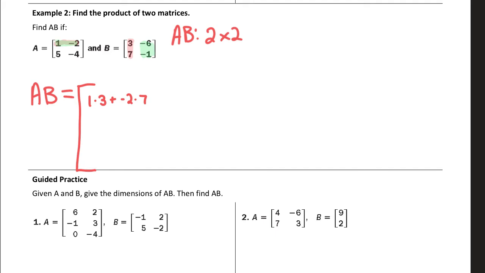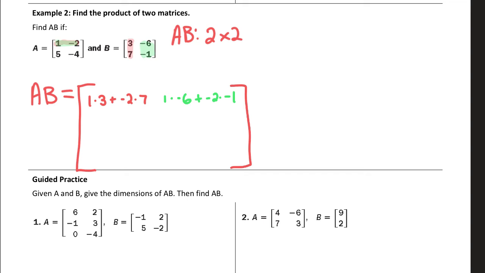So this next one is going to be 1 times negative 6 plus negative 2 times negative 1. Okay, so I take my top row times the 2 columns of the next matrix. That gets me my top 2 elements.